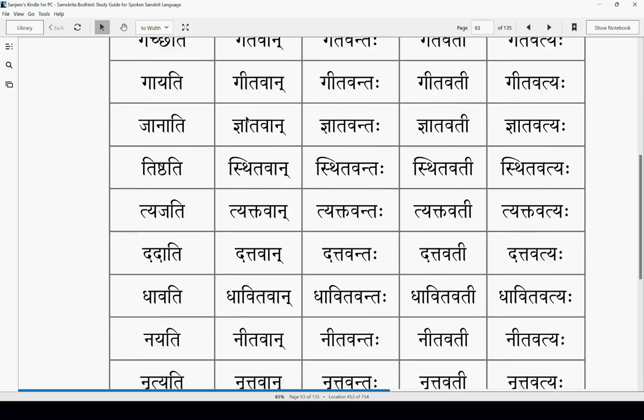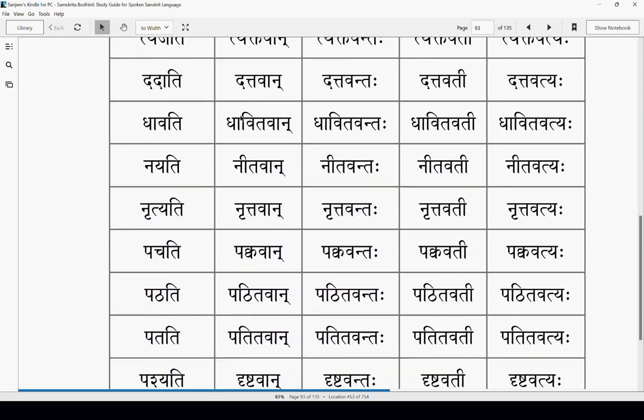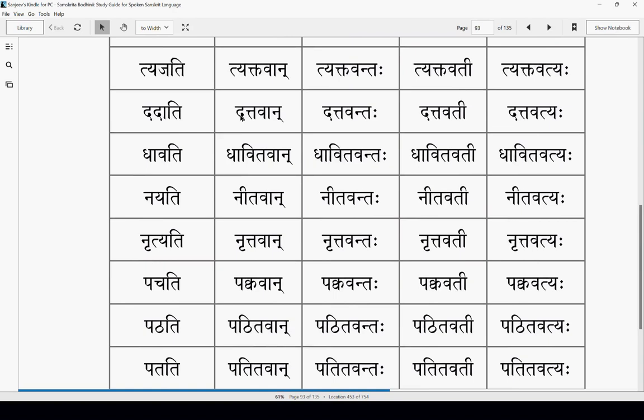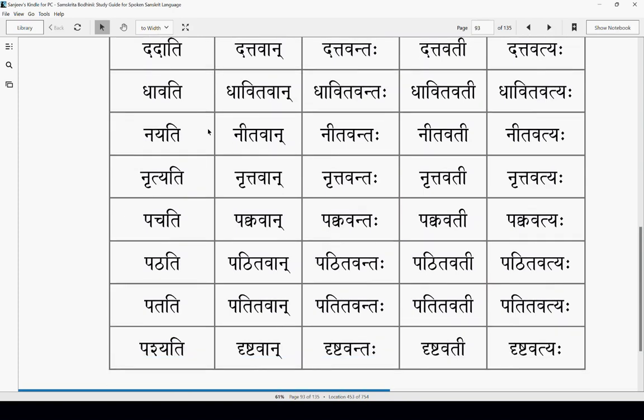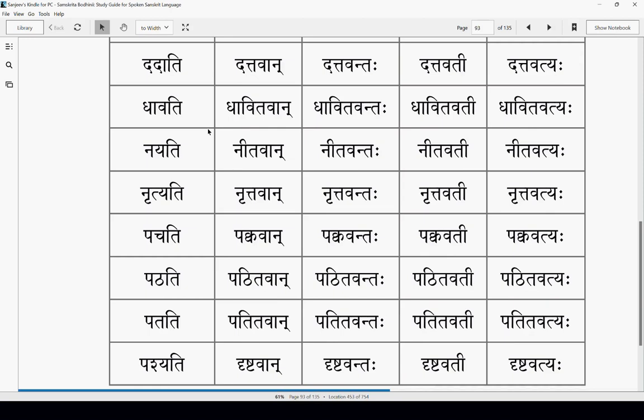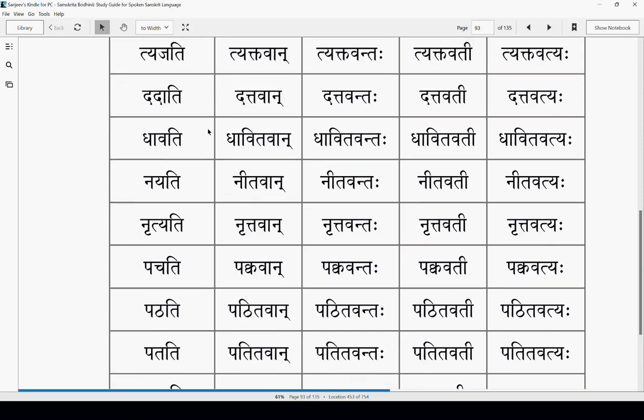Gam dhatu: Gacchati, Gatavan. Most of the time you can figure it out, but some of them change. Yes, rules are there in the grammar, but personally it's difficult for me to remember the rules rather than the words themselves. When we use the words and read them frequently, they are easy to remember.